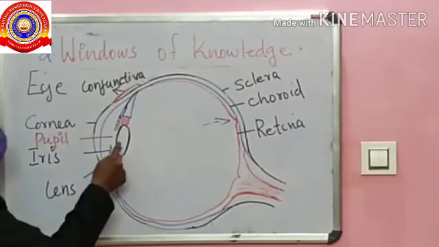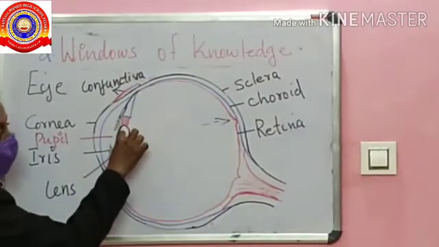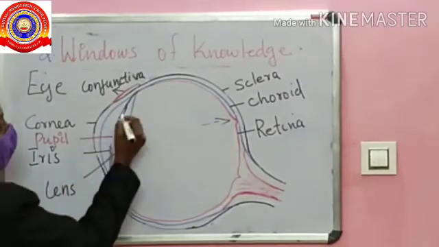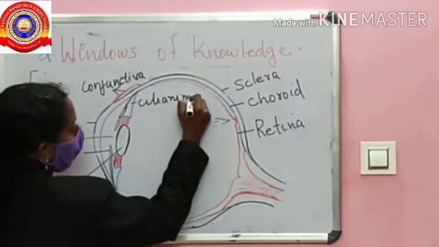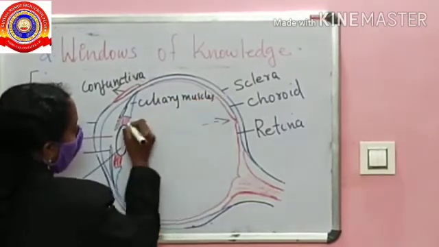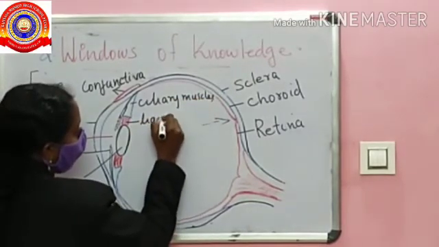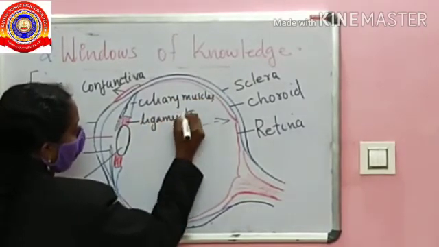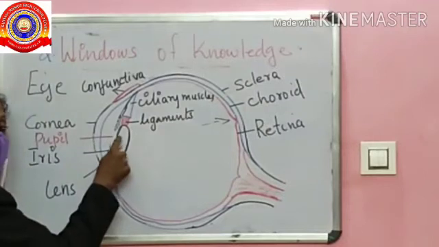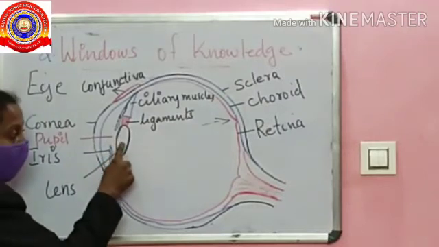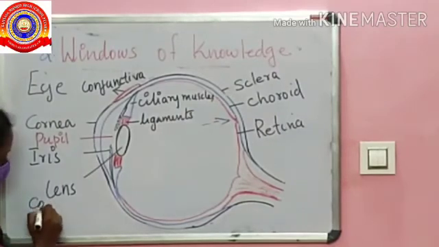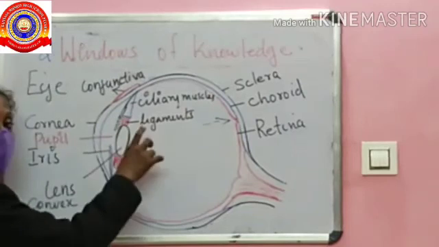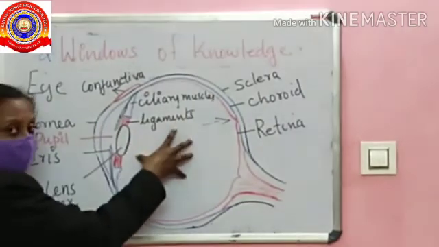Next one is the lens. This lens is connected by ciliary muscles and ligaments. The lens is an elastic, transparent, convex lens. Next are the ciliary muscles and ligaments.